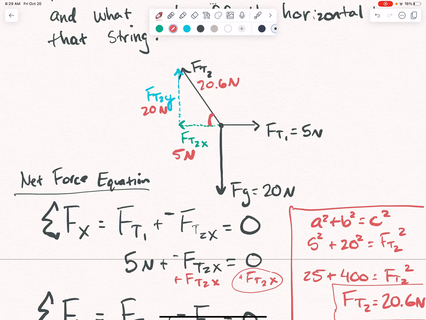You could do any trig function you'd like to solve this: sine, cosine, or tangent. As a little bit of advice, if I was more confident in these 2 numbers, the 5 and the 20, because I got those straight off the problem, I might use tangent, because tangent involves opposite and adjacent.